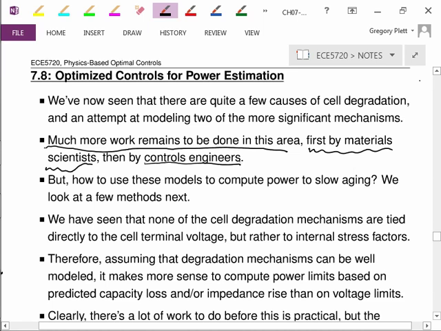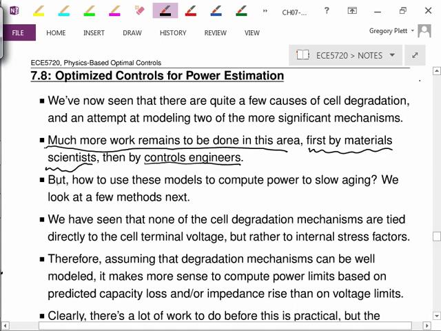And if the PDE models have already been validated against the truth, then that's a valid approach. So if we make reduced order models suitable for implementation in controls, then we can design controls, and we can define different ways of computing power limits to slow aging.